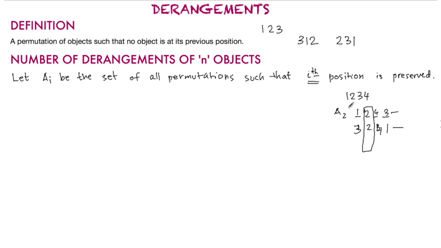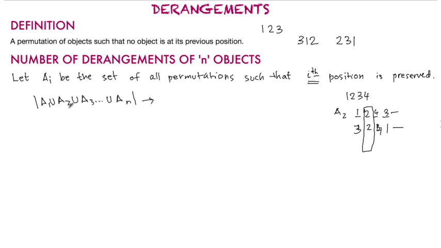All those permutations in which 2 is not changing its position form the set A2. Before we talk about the number of derangements, let's see what this means. We say A1 union A2 union A3 up to union An. What does this mean in words?